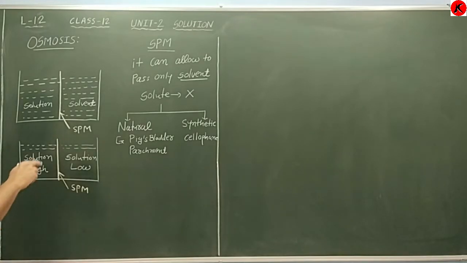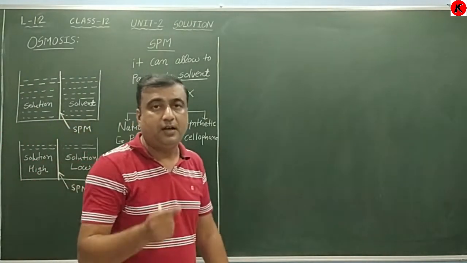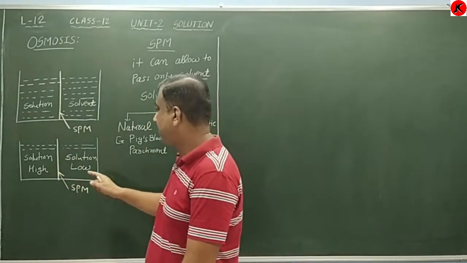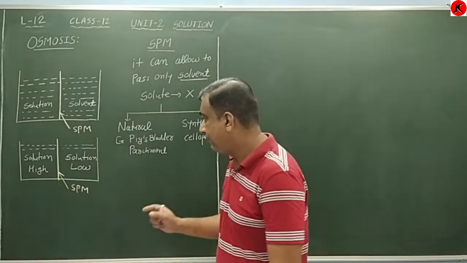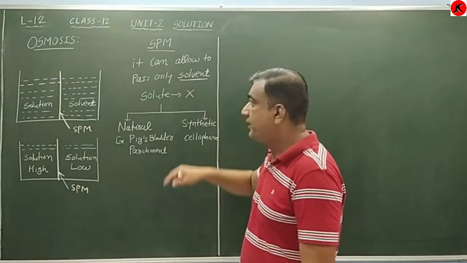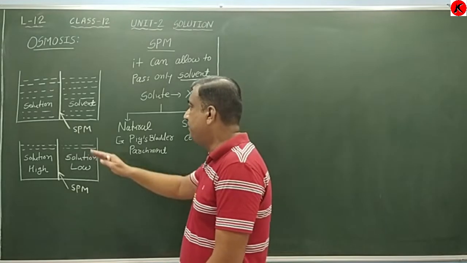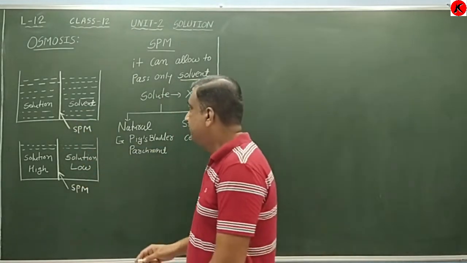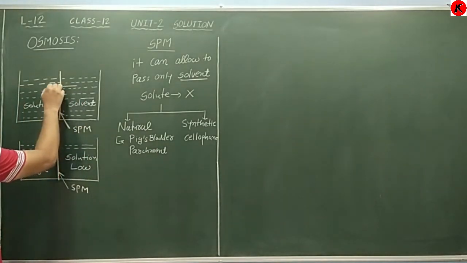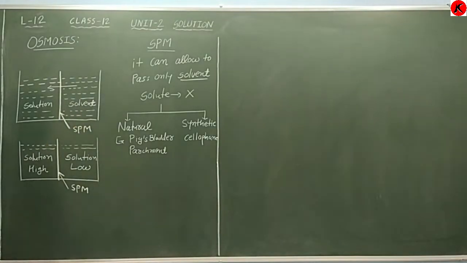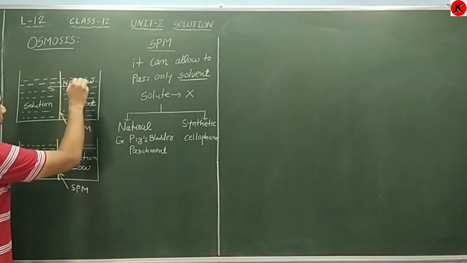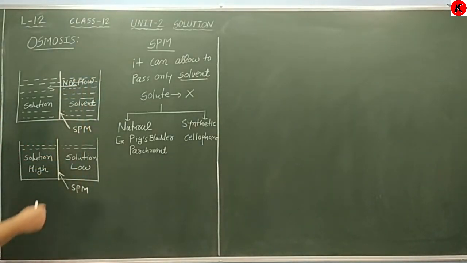We have two situations: when solvent and solution are separated by SPM, and when two different solutions are separated by SPM. Then what happens? Remember the characteristic, only solvent molecules will pass. That means in the first situation, net flow of the solvent will start from the solvent side to the solution side.